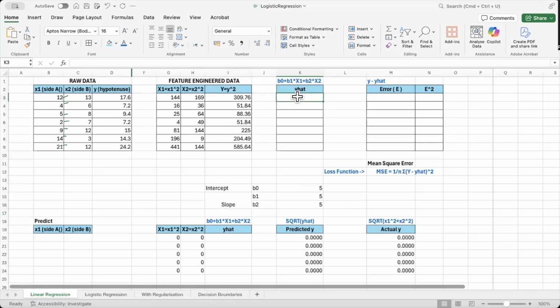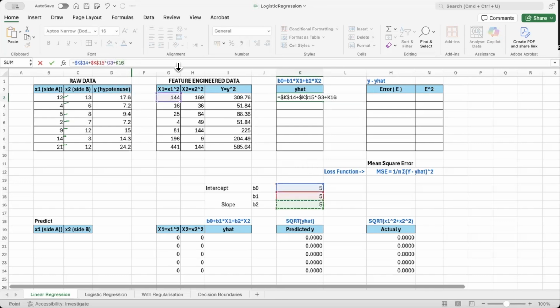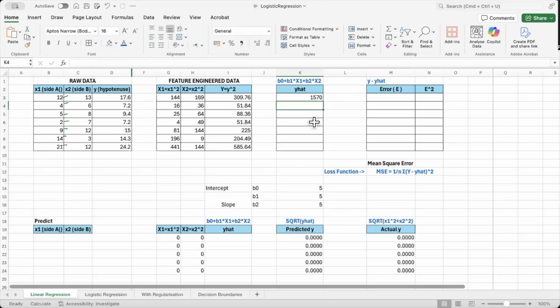So predicted value of y will be nothing but b0, I fix it, plus b1, I fix this as well, multiplied by x1 plus b2 multiplied by x2. So this is my predicted value of y, which we are calling y hat.